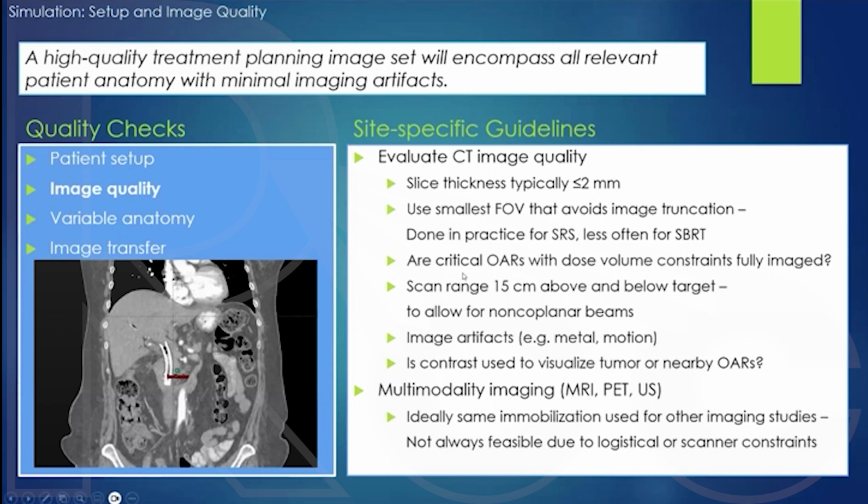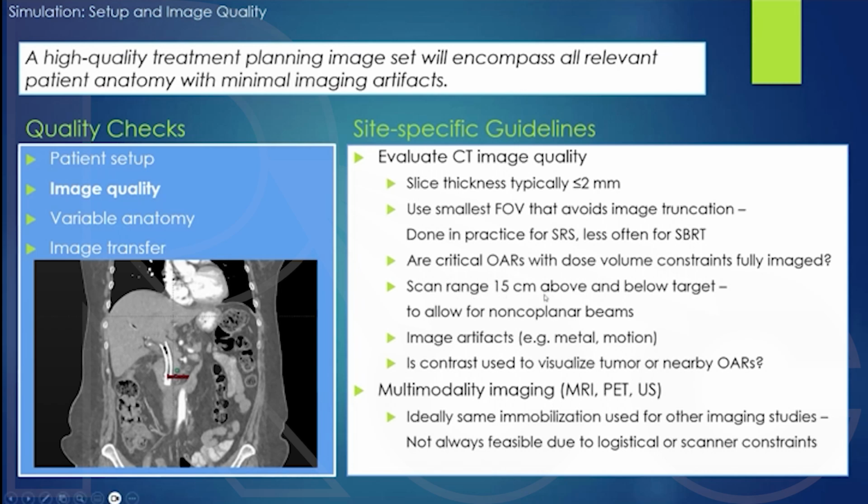Another question to ask is, are critical organs at risk with dose volume constraints fully imaged? So for example, if we're treating a lung tumor and there is a dose volume constraint placed on healthy lung, it is important to image the entire lung in order to evaluate the mean dose. Same would apply in the abdomen for liver and other targets in the chest and thorax for these parallel structures.